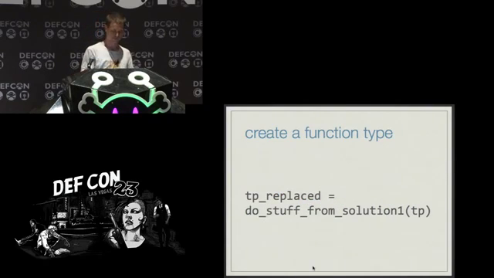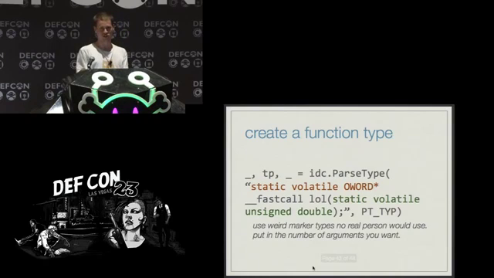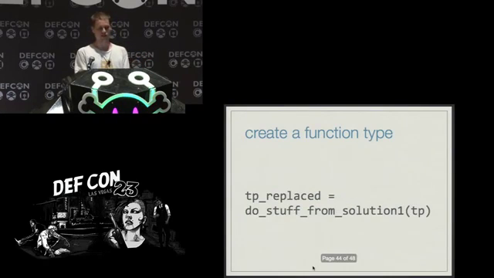Here, parse type returns the same type of that magic string that was in solution 1. So then you can do the replace thing: you replace the simple types, as encoded by IDA into the string, with how the ordinals are encoded.